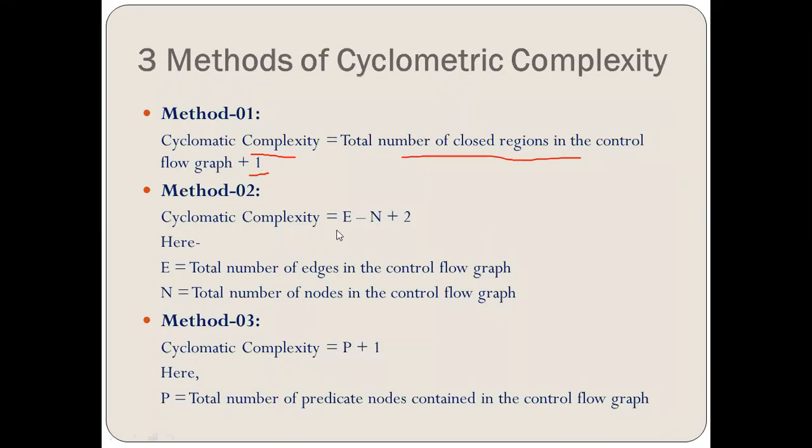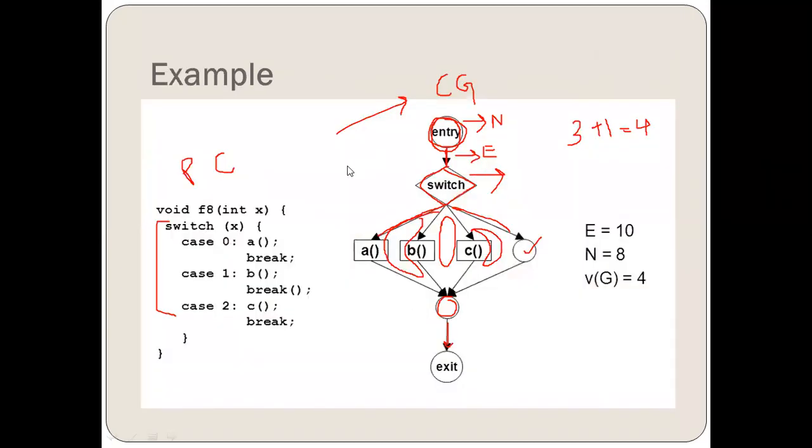The second method says the cyclomatic complexity is E minus N plus 2. E is the total number of edges in the graph, N is the total number of nodes in the graph, and then plus 2. So here I calculate how many nodes there are: 1, 2, 3, 4, 5, 6, 7, 8.